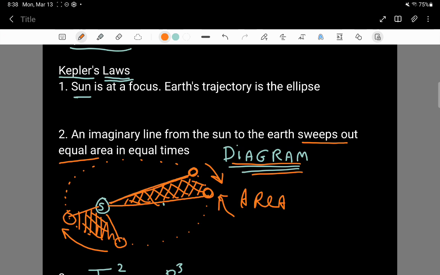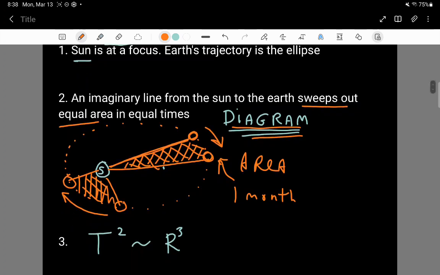So when the Earth is far away from the sun, moving the slowest, let's say that's 1 month of time, the Earth is going to sweep out a piece of pie, kind of like a section of this ellipse, that's going to have the same area as this section of the ellipse where the Earth is traveling faster, but the triangle that's being formed here, it looks like it's formed from shorter sides, so it must sweep further along on its outer edge, right? Yeah, equal areas in equal times.